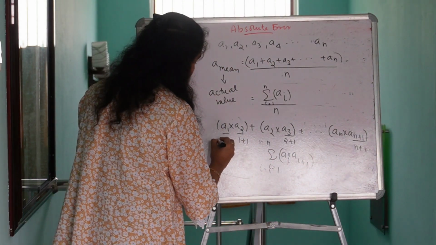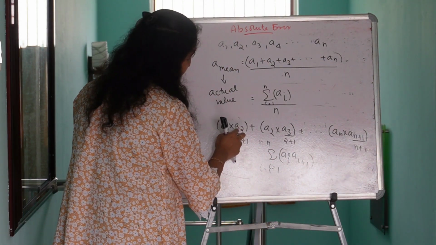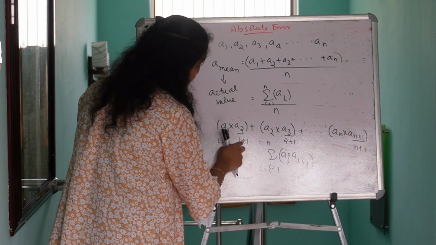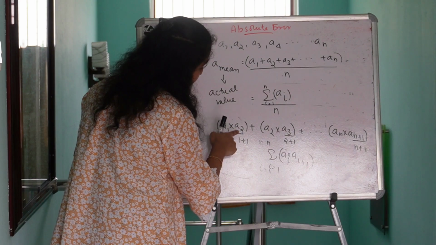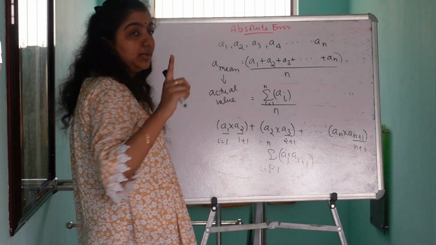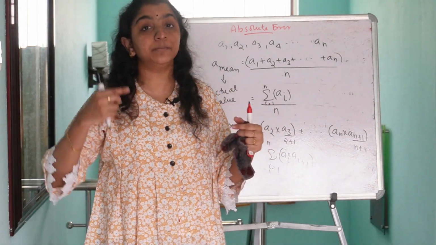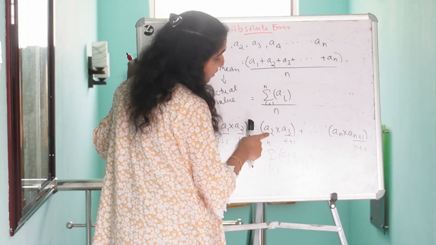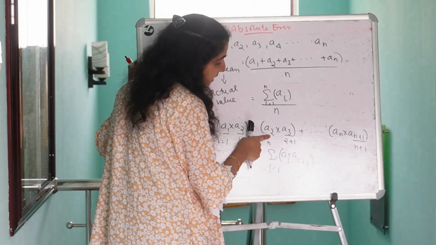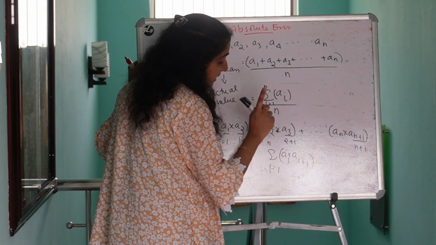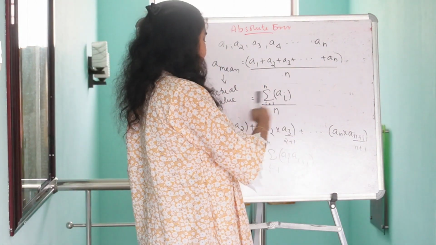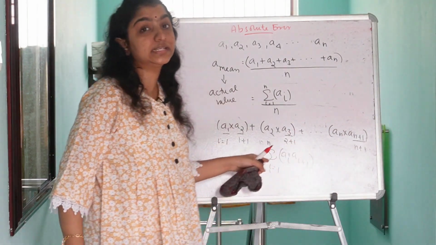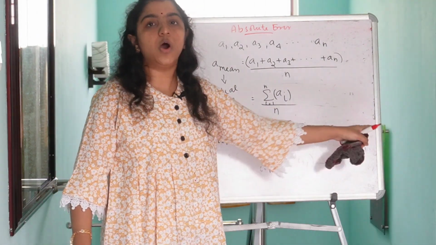So here the value of i is 1 and the next value is i plus 1, isn't it? The value of i is equal to 1. The next value 2 is actually i plus 1, that is 1 plus 1. Again, here the value of i is 2, and the next value, 3, is equal to 2 plus 1, that is i plus 1. Similarly, the same pattern is followed in all the other terms.